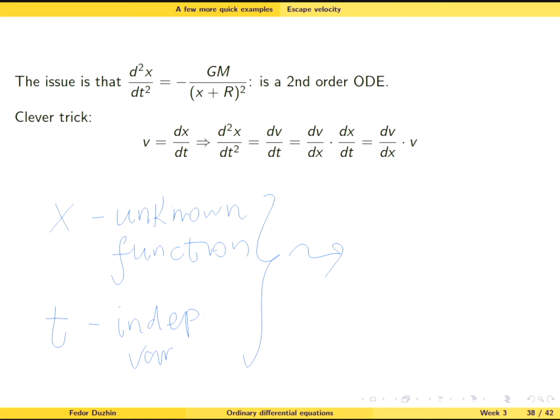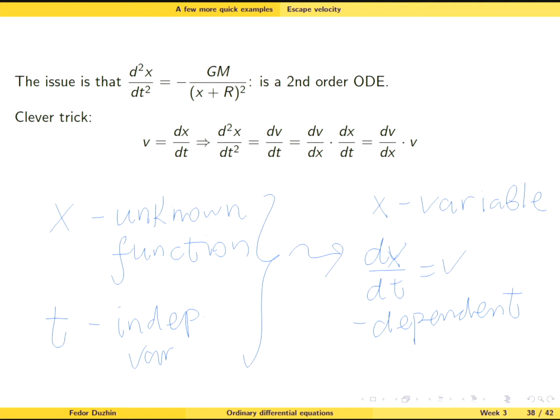We are going to translate it to another equation where x becomes the independent variable, and the speed dx/dt, which is denoted as v, is going to become the dependent variable, the unknown function. And you see how this is done.